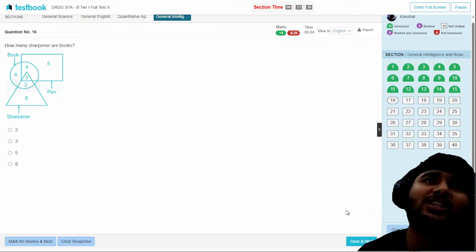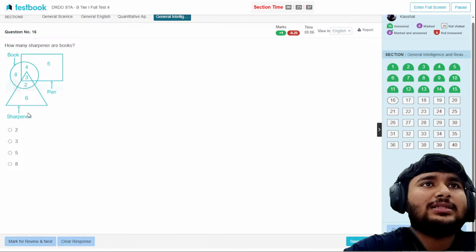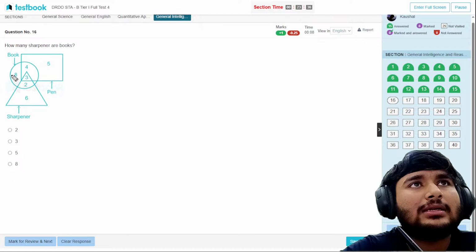How many sharpeners are books? What? Sharpeners are books.